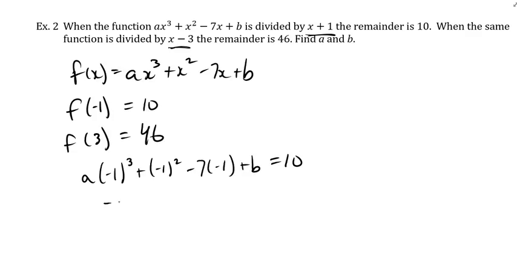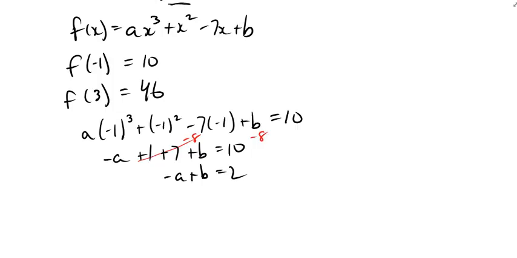So that's negative a plus 1 plus 7 plus b equals 10. So subtract 8 from both sides. That's going to get rid of those. And negative a plus b equals 2. I got a little equation there. Okay, next one.